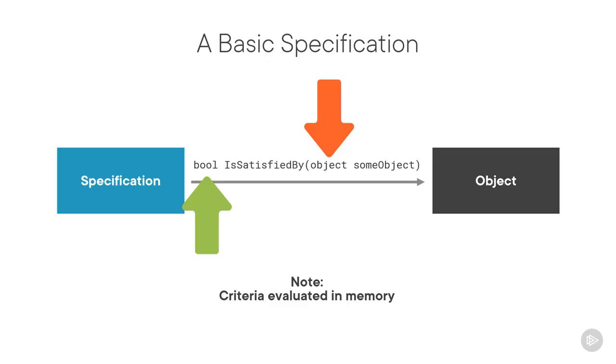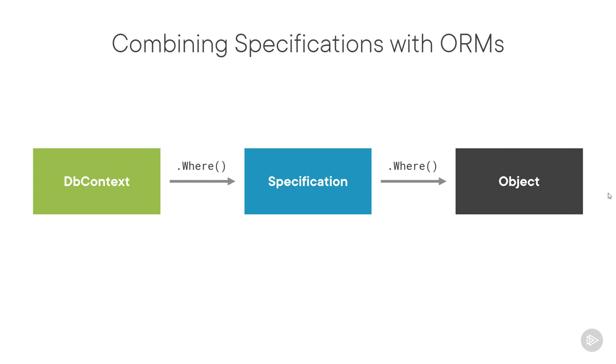These methods perform their logic in memory, and unfortunately, in remote data querying scenarios, this approach would require every row to be transferred to the application before the specification logic could be run against it. However, more sophisticated specifications can be used in conjunction with ORMs like Entity Framework Core to encapsulate the details of a query while still allowing EF Core to translate the query into SQL that executes on the database server.